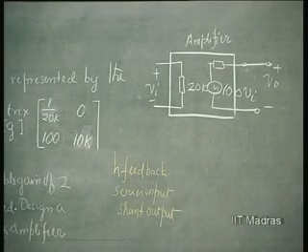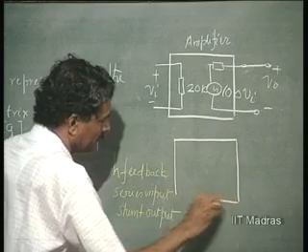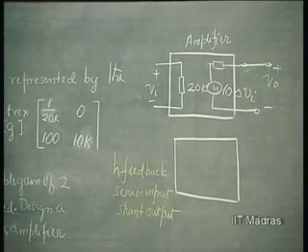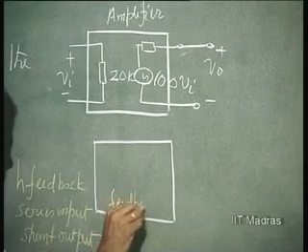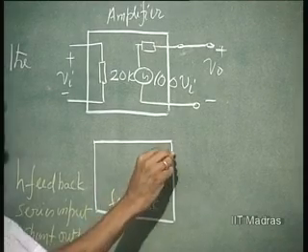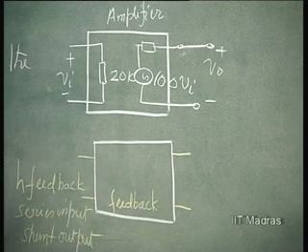Now, we have to have the feedback for this. This is the feedback network which we are introducing. How are we introducing this? It should be in series at the input.